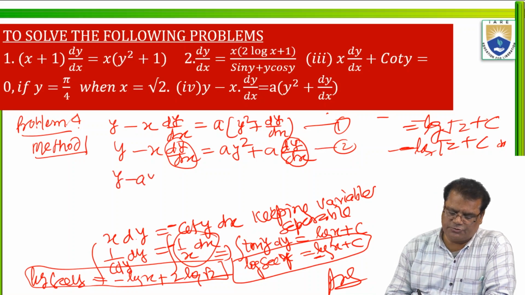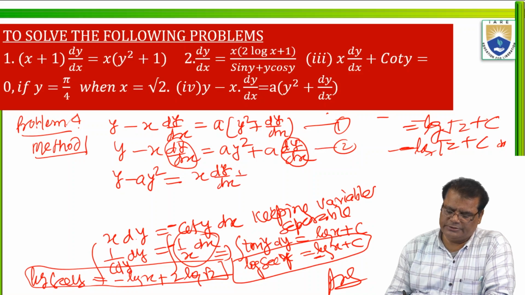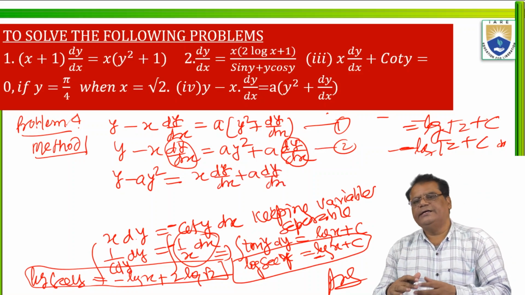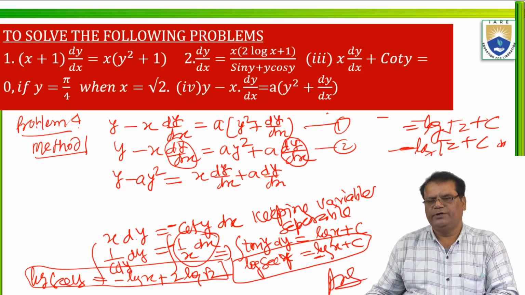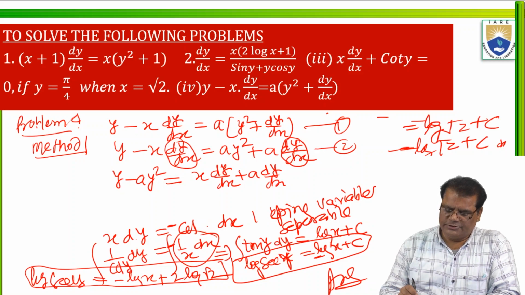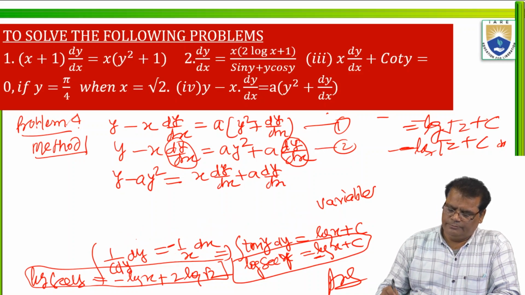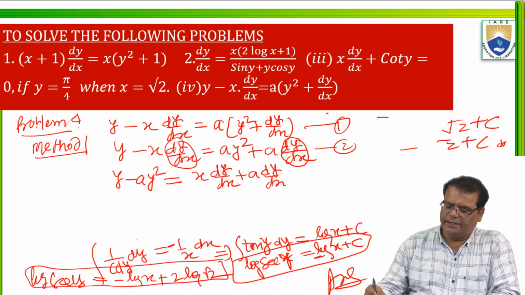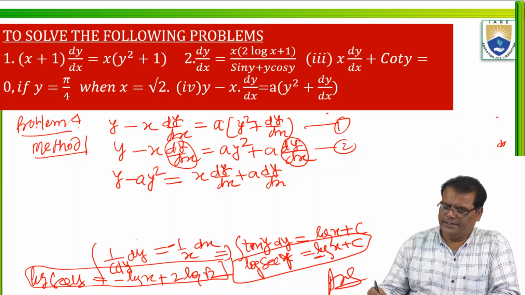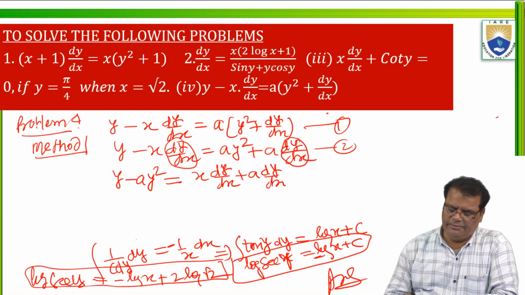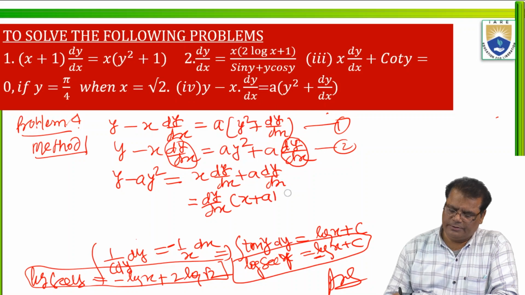So y minus a y square equals x dy/dx plus a dy/dx. If the same derivative appears in more than one term, we can take it common. Here dy/dx is common, so we get x plus a, and on the other side y is common, so we get y times 1 minus ay.